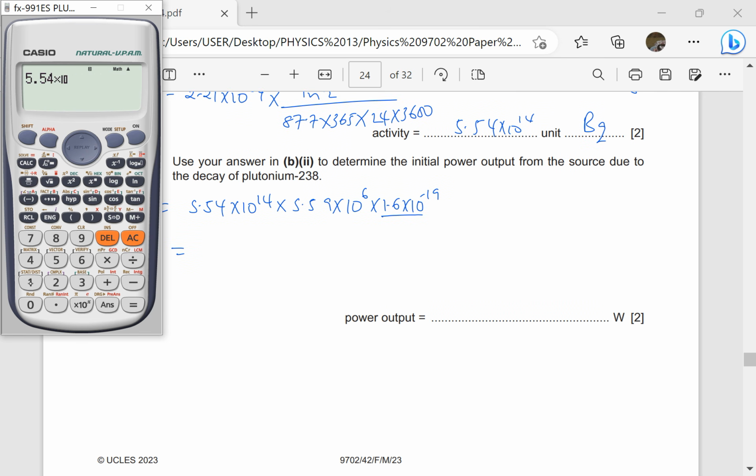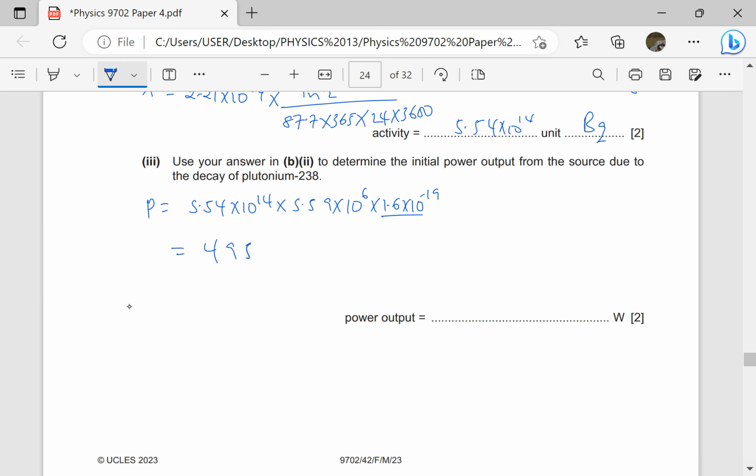So this is 5.54 exponent 14, times 5.59 exponent 6, times 1.6 exponent negative 19. So I am getting 495.5 watts.